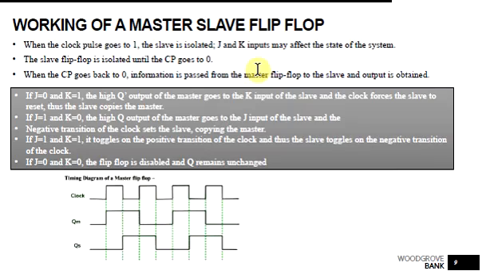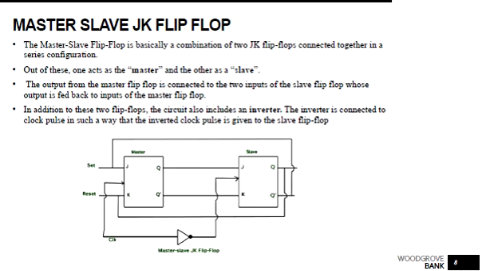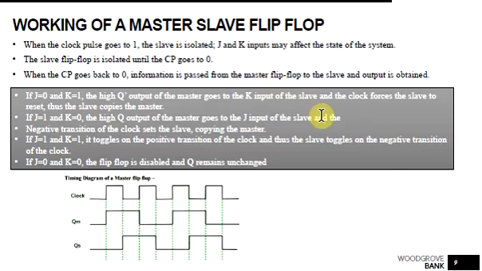For example, if J is equal to 0 and K is equal to 1, that corresponds to the reset condition. Then the Q bar of the master will be high, which goes to the K input of the slave, and the clock forces the slave to reset.